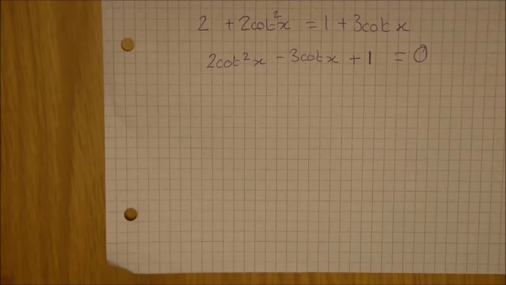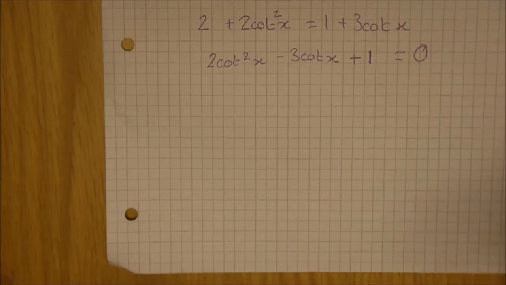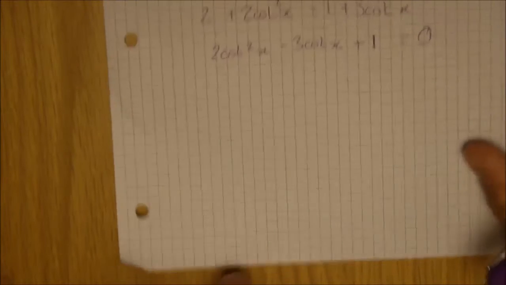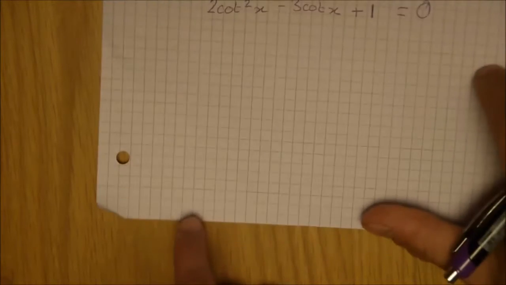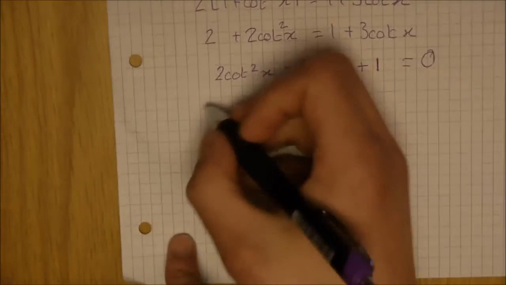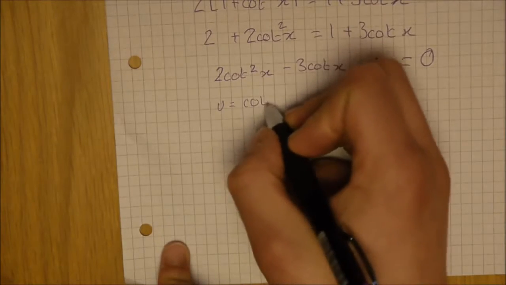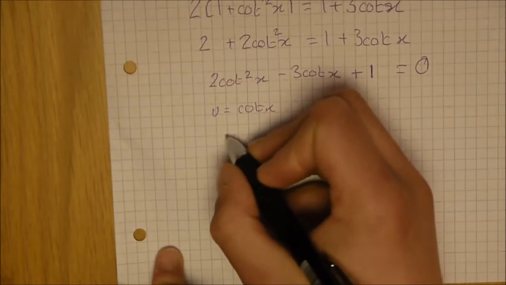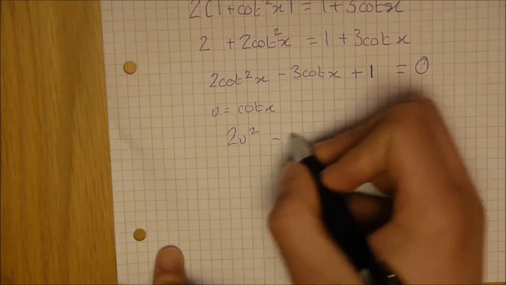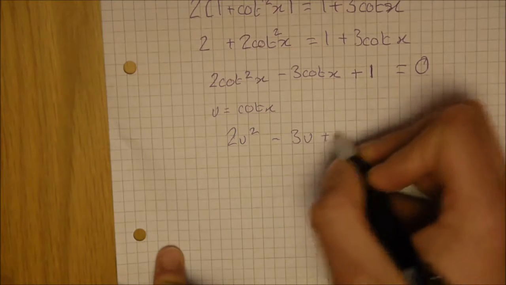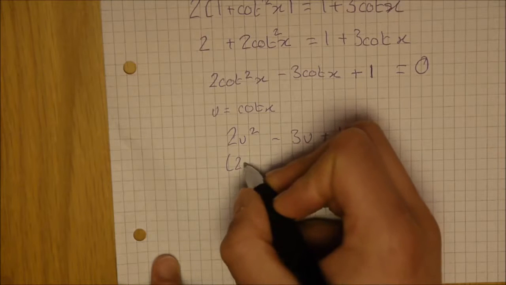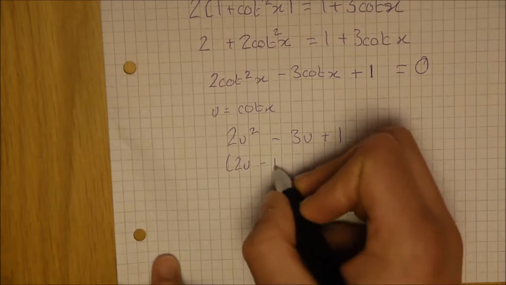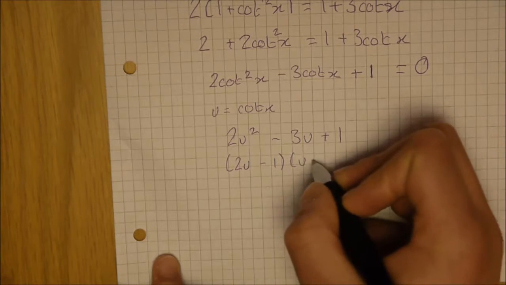Now you're probably looking at it and thinking this is horrible, but remember when we did the trig identities in Core 2 and you used to be able to put them in terms of a quadratic equation? That's exactly what we're going to do here, using the same trick we did in C2. We say that u equals cot x, so it's 2u squared minus 3u plus 1, which factorises to (2u minus 1)(u minus 1).